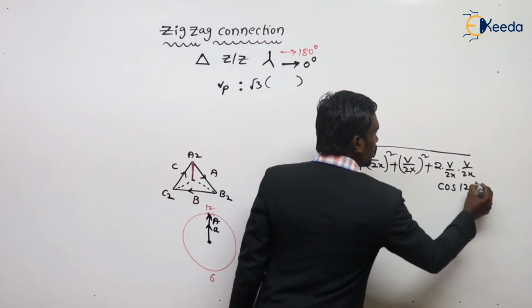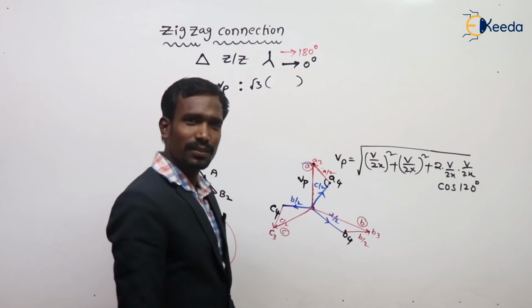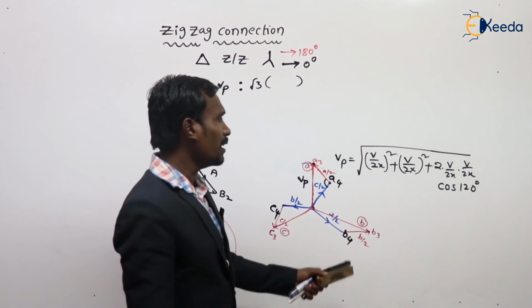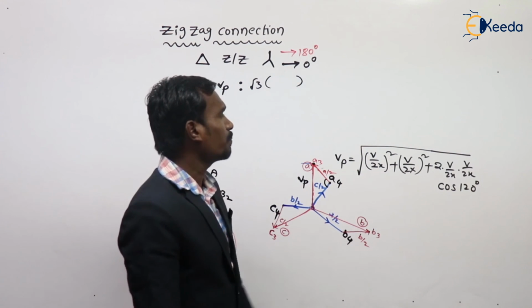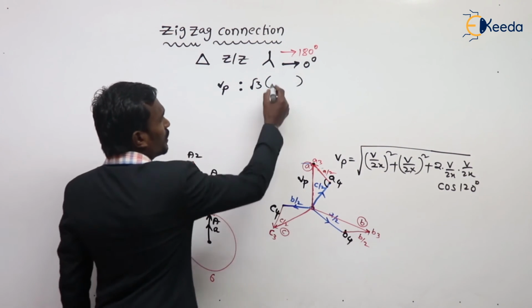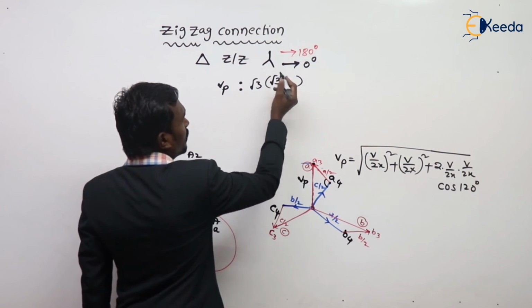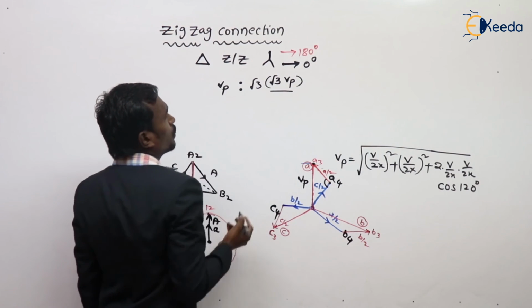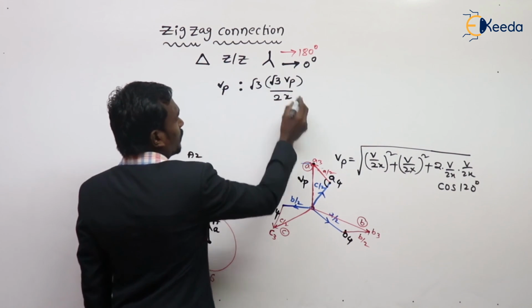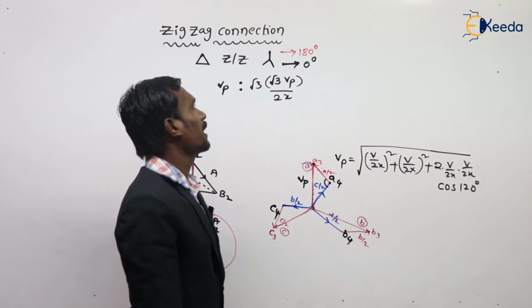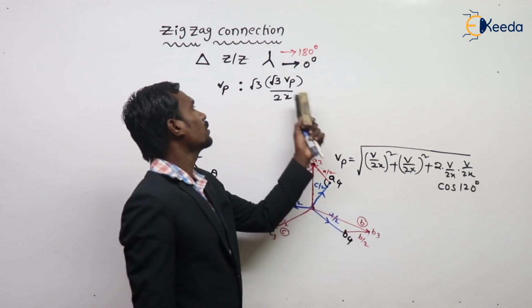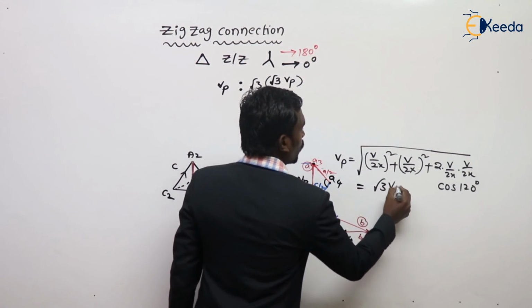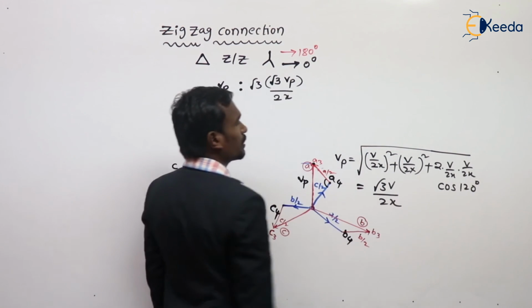What is the theta between them? 120 degrees. If you simplify this, the phase voltage of this zigzag is root 3 V phase by 2x.